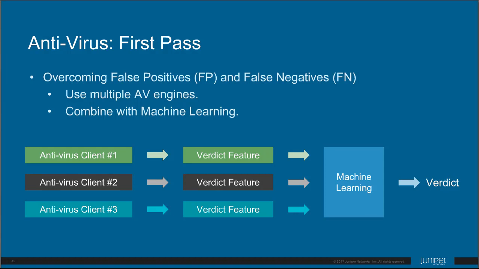So we avoid a threat that has not been detected, or a file that one antivirus says is a threat when in reality it was not. We are able to avoid all this through this redundancy on the antivirus engines.